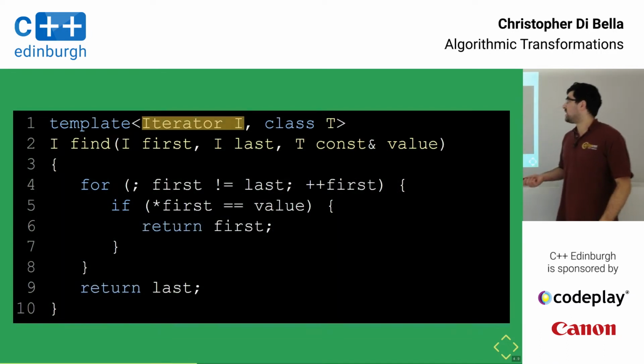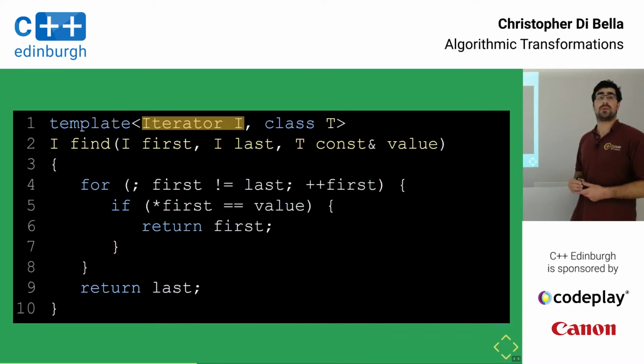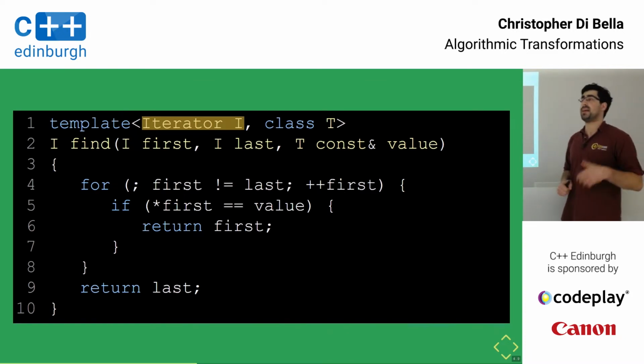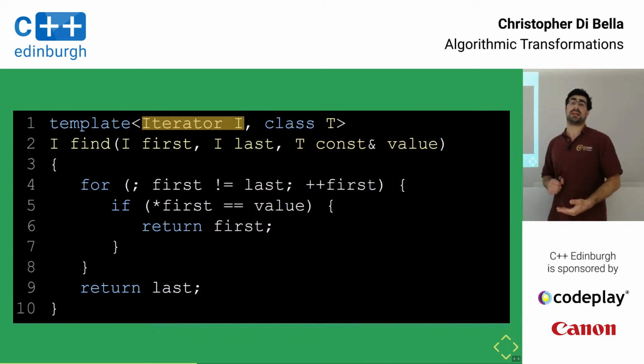The key difference here, and this is a bit of C++20 syntax, is that I've said that this is an iterator, and that is what's known as a concept, and that replaces the typename keyword, and it's a predefined interface that essentially checks to make sure that your type meets certain requirements, both syntactically and semantically. It has certain rules that you need to follow in order to make sure that you're compatible with this algorithm.